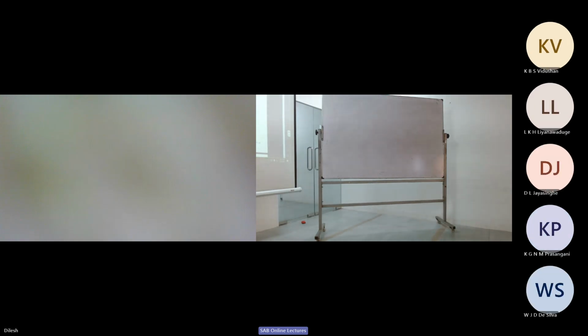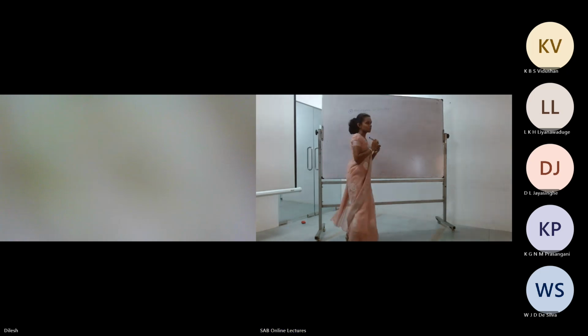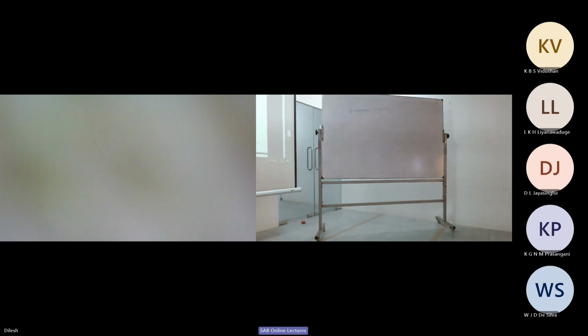Then before starting this one, we discussed the second type of summary measures, which we call measures of location.